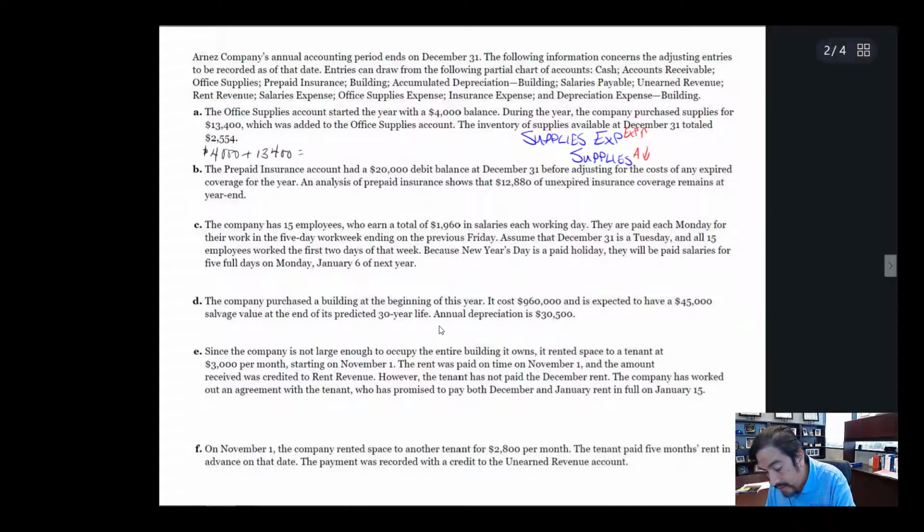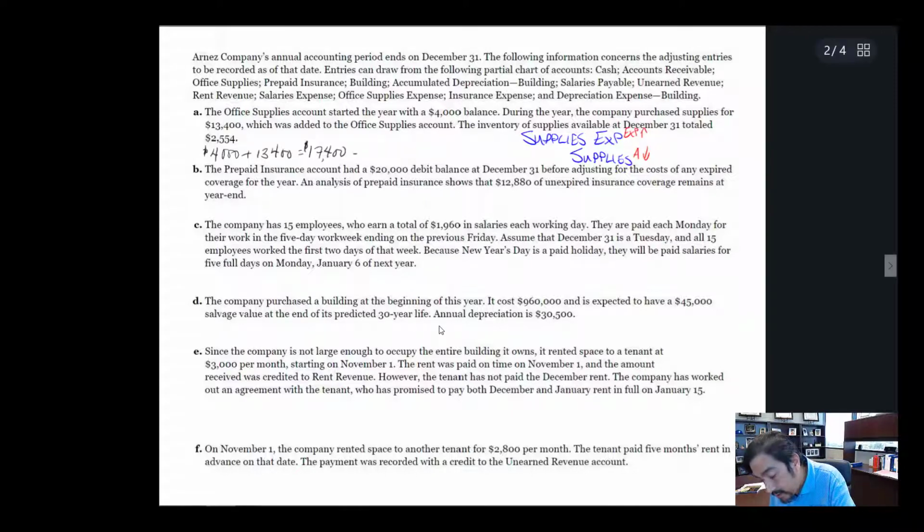So that means we had $17,400 of supplies in our supply closet during the year. At the end of the year, we go in there and we count up, and there's $2,554. So the difference between all of the supplies we had and the supplies we have remaining would be the supplies that we used up during the year.